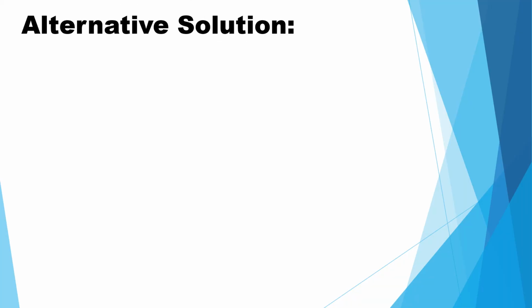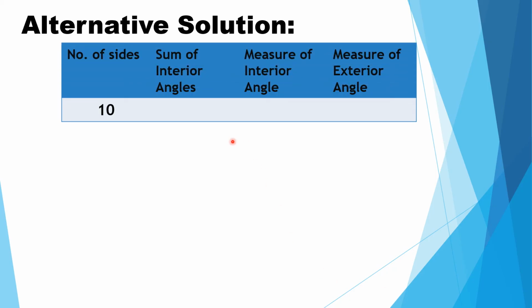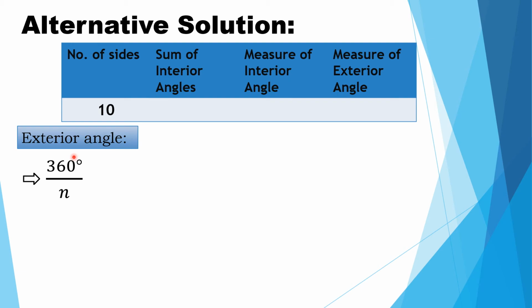We have here an alternative solution. Number of sides, sum of interior angles, measure of interior angle, measure of each exterior angle. Exterior angle is 360 degrees divided by n, the number of sides.